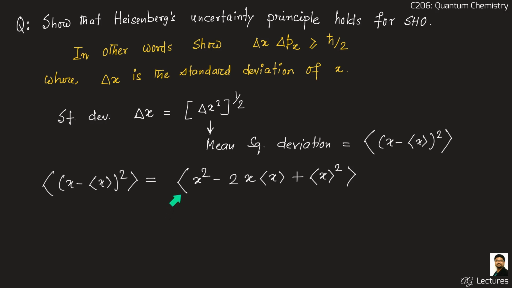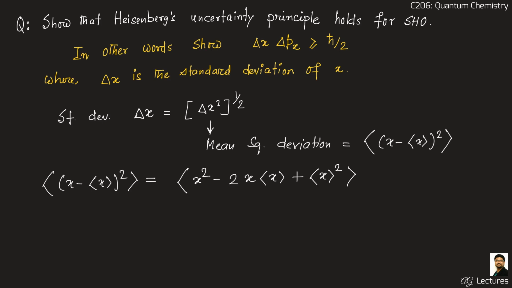So this bracket is coming from this bracket, right? And I have just expanded this quantity within the parenthesis in the algebraic form, a square minus 2ab plus b square, that particular form.